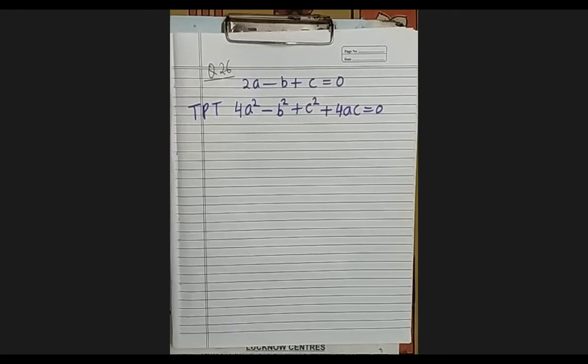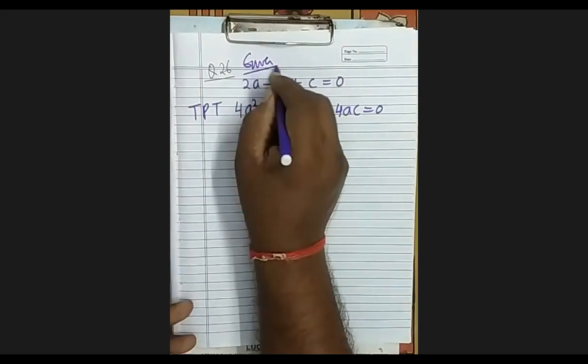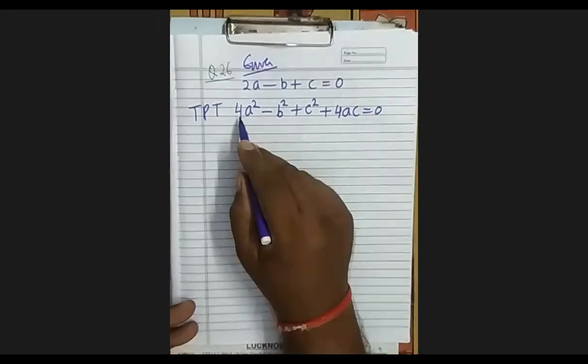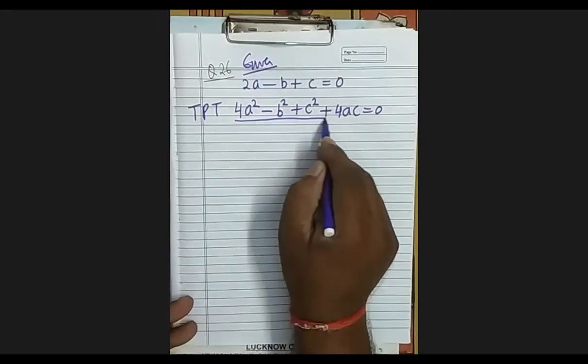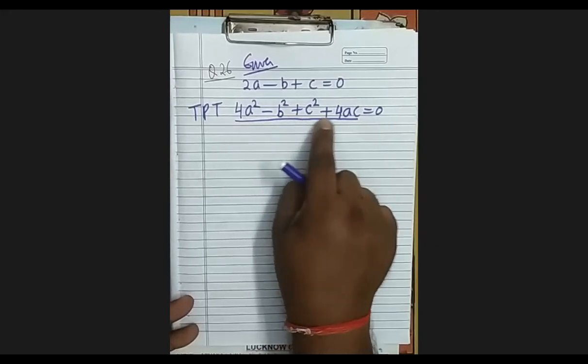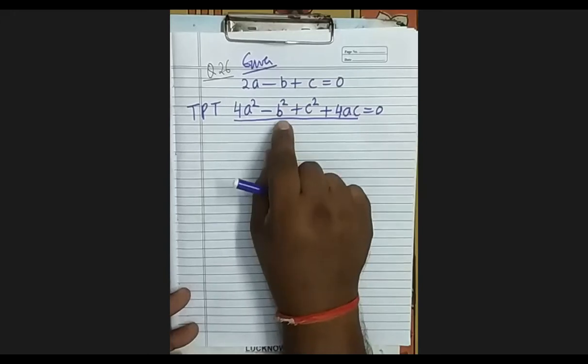Now see here. 2a minus b plus c equals 0. This is given, and you have to prove this. You see this expression which you have to prove. It has all the terms in square.